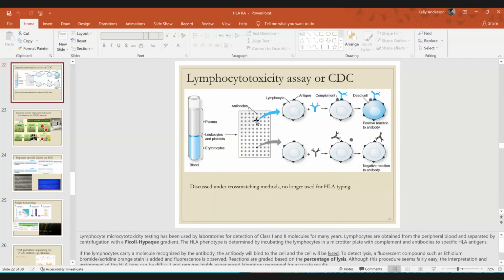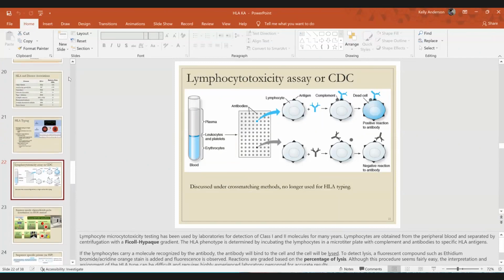But it was very nonspecific. And the more we get into molecular typing, the more we are seeing that these serological types kind of break out. They're not specific enough. Like B15 has many different, more specific antigen titles.